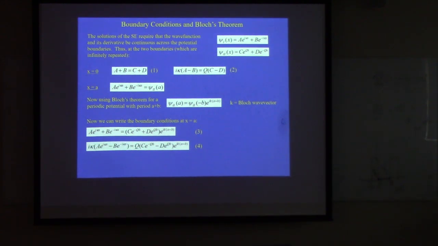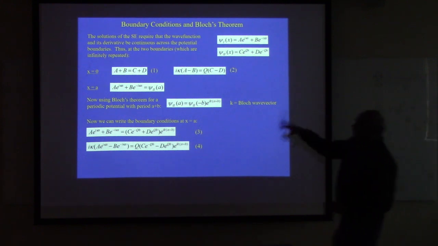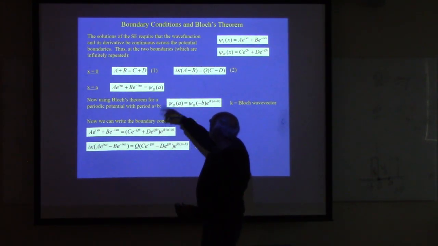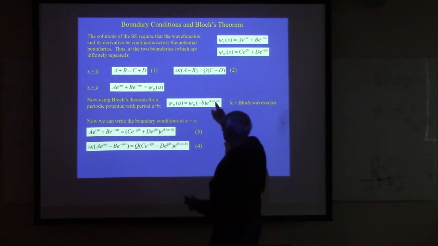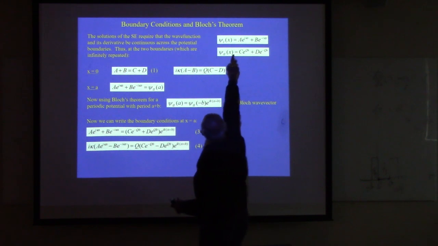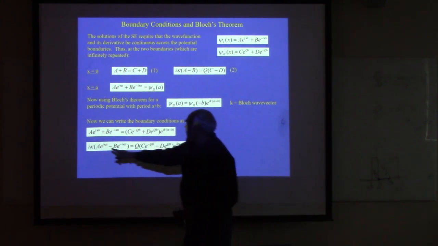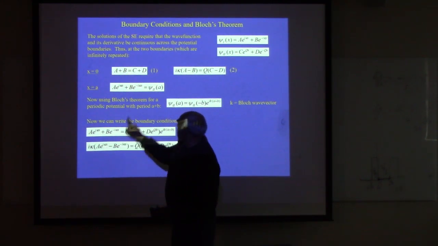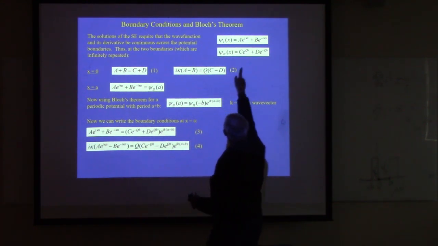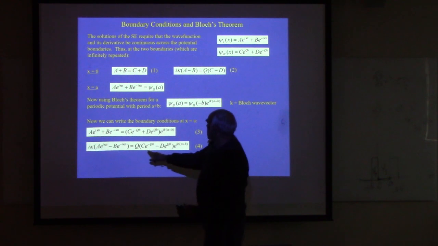So now you can do the same thing with the derivative. If you take the derivative of this one, from the first term you get ik, just put x equals a. Then if you take the derivative of this one, you get q here.